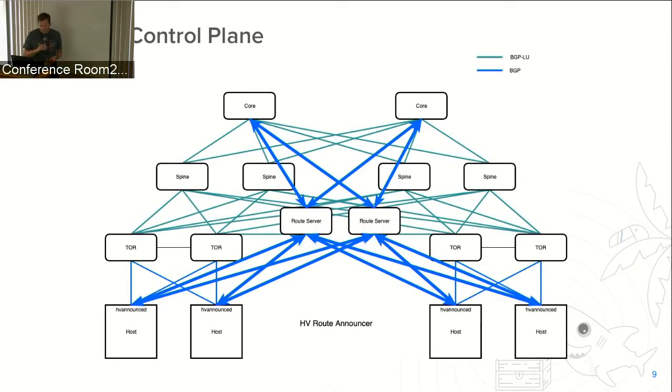And then the blue layer, the thicker lines, is actually a second BGP layer that carries the host routes for each of the droplets. Those are sent to a route server, which aggregates them and then sends them up to the core. The core routers are still a little bit beefy, a little bit expensive, but they have the FIB capacity to hold all of the host routes for every droplet in the data center right now.